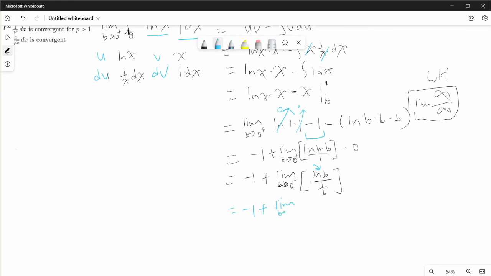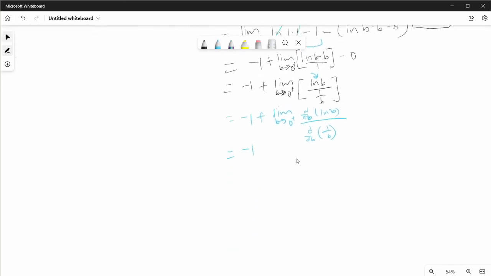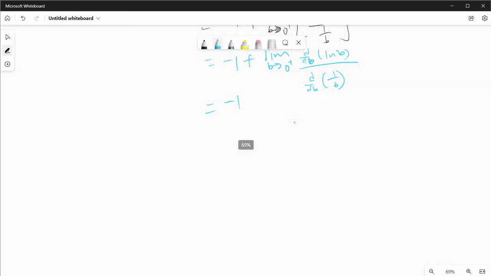So now I can use L'Hopital's rule, where I take d dx of top and bottom, or rather d db of top and bottom, still keeping the limit.